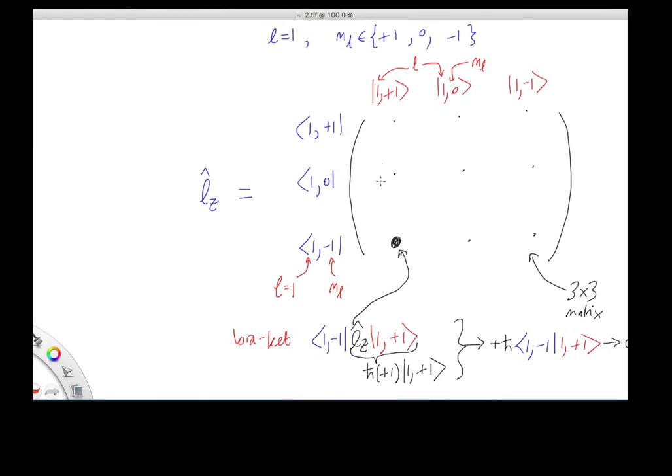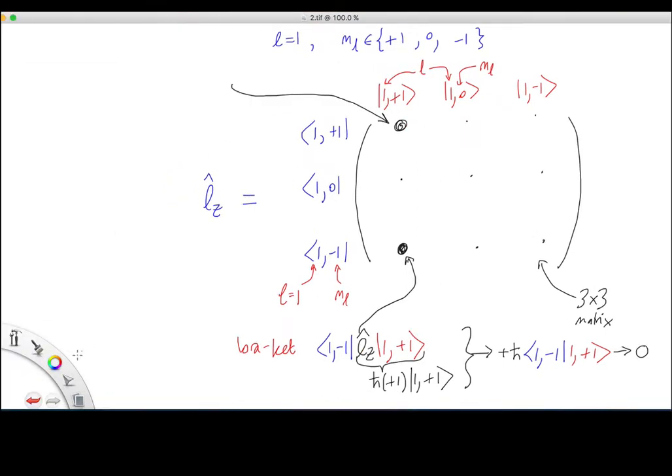And we can repeat that process for the other elements in the matrix. So if we take, for example, this element here, in this case the row belongs to bra 1 plus 1, we have the operator Lz, and we have the ket 1 plus 1. The ket 1 plus 1 is an eigenstate of Lz.